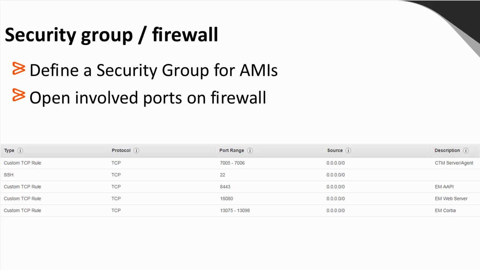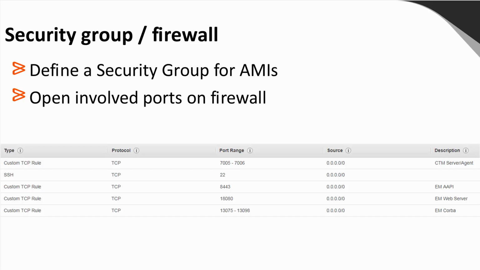Port 8443 is the Control-M Automation API, or the secure web server for the Enterprise Manager. The 18080 is the Control-M EM web server, the unsecured port. And then the port 13075 is the Control-M Enterprise Manager CORBA naming service port.